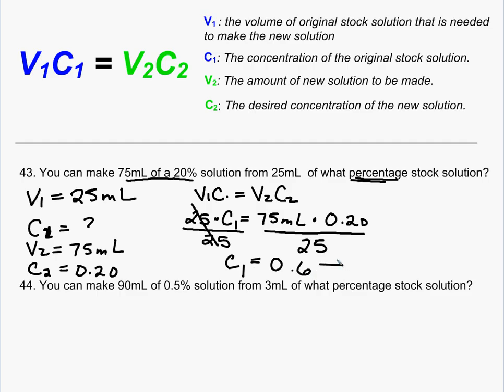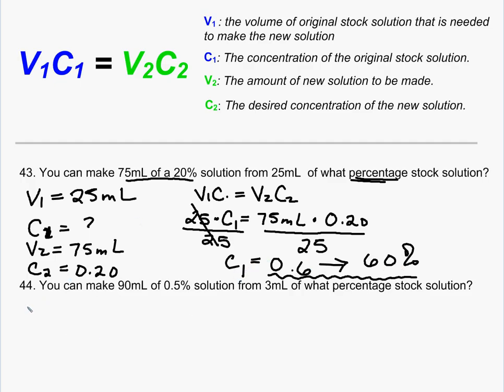But of course, that's the decimal form, so we have to change that into a percentage. So it's 60%. This last step can mess you up, so make sure that you remember that you always have to convert your decimal into a percentage when you're looking at concentrations.